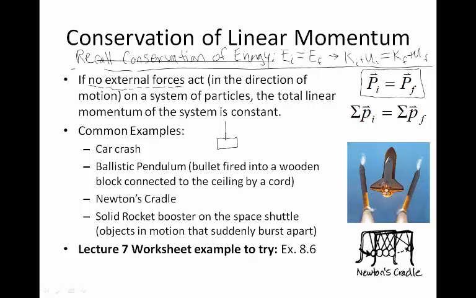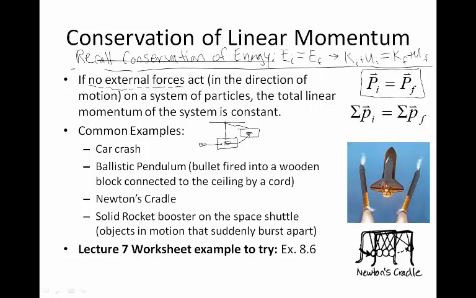There's a block hanging from the ceiling, and if you were to fire a bullet into the block, it's a form of a collision. The bullet gets embedded in the block, and the momentum of the bullet causes the whole thing to swing upward, like that. And during that, there is conservation of linear momentum.